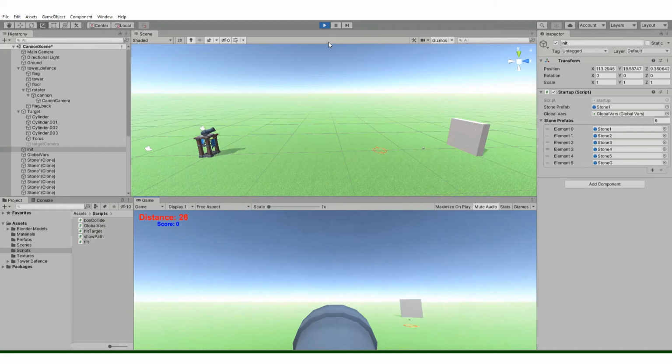The predicted landing spot is calculated in two dimensions, X and Z.